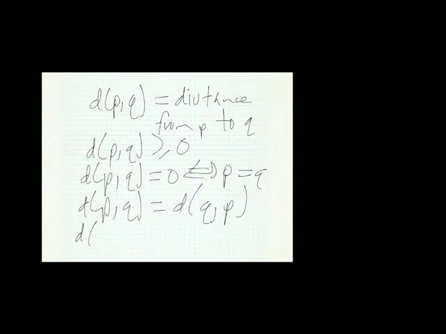Finally, the distance from P to Q is less than or equal to the distance from P to some other point R plus the distance from R to Q. I think we had seen this before. This last bit is called the triangle inequality.